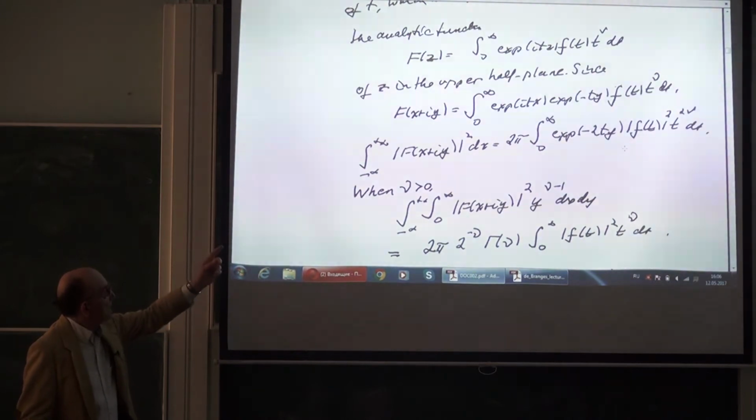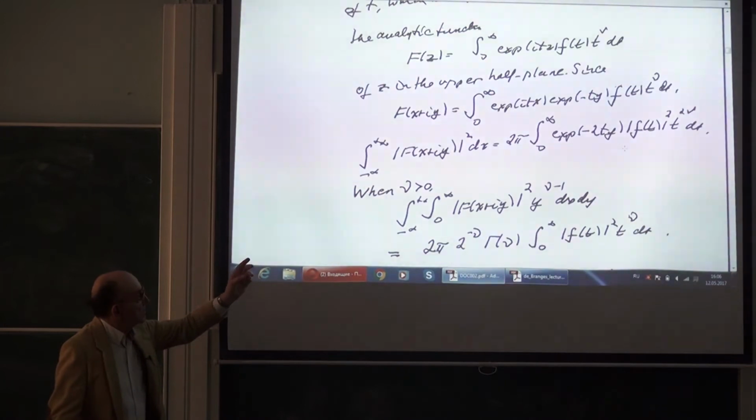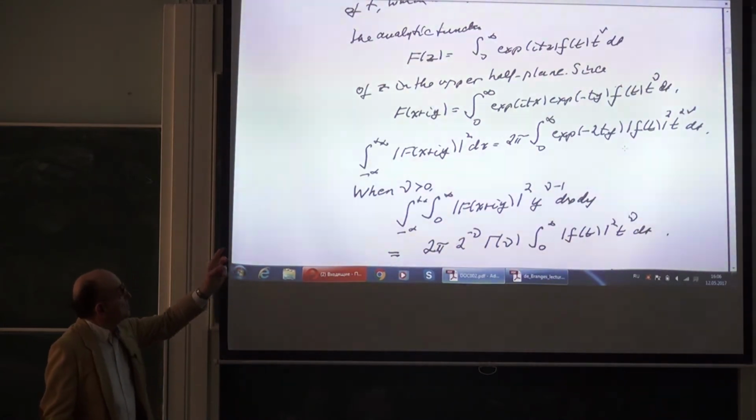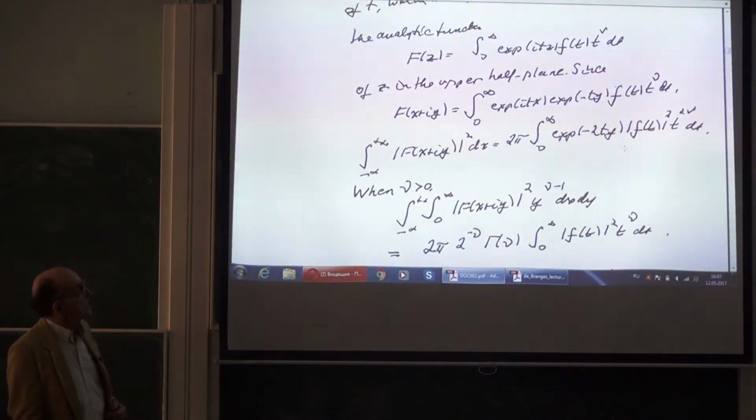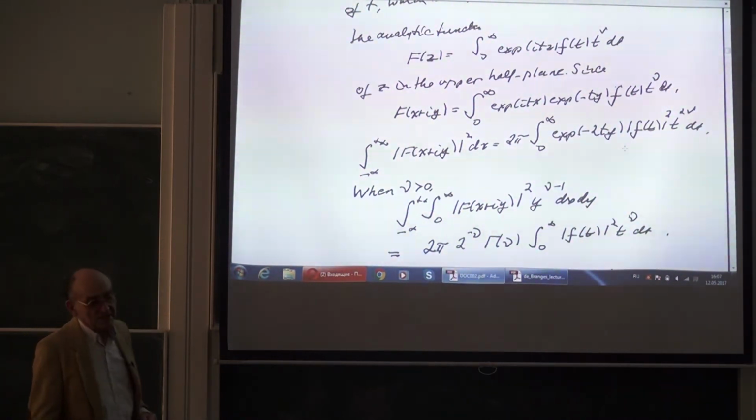okay, I have a function little f of positive t, and I take the integral. It's at the top of the page with respect to e to the i t z. I call it z now. That'll be defining the eigenvalue. And you get a function that's analytic in the upper half plane.